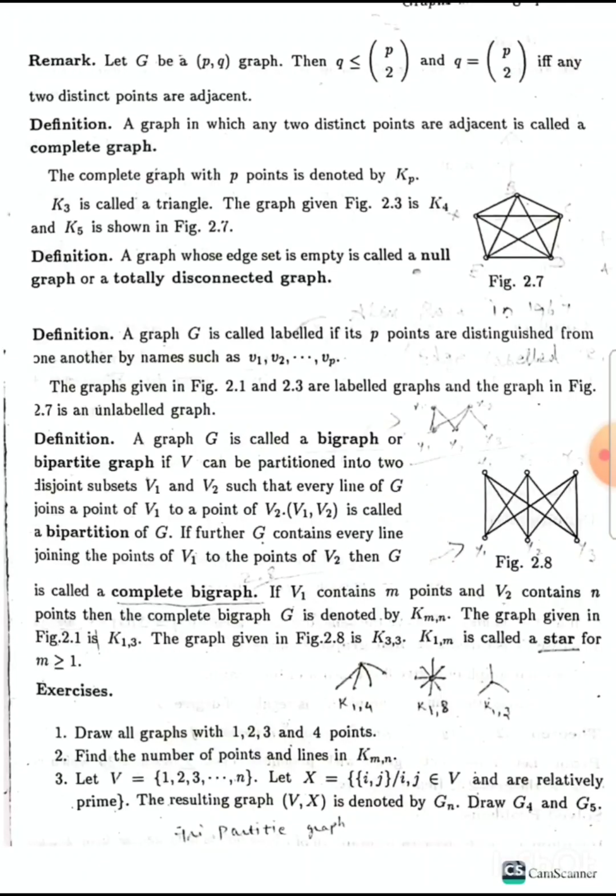And the next definition: a graph in which any two distinct points are adjacent is called a complete graph, which means every point is connected with lines.